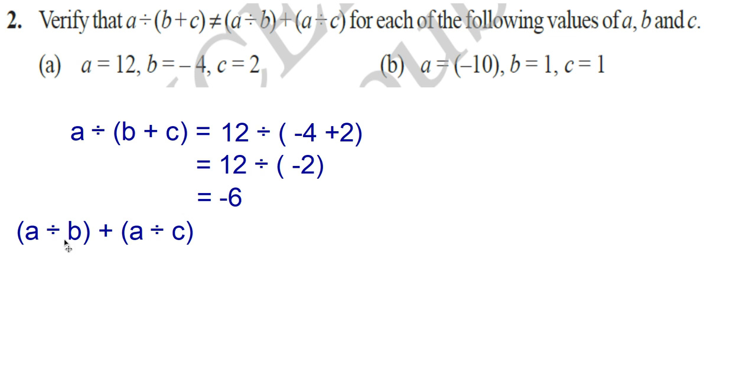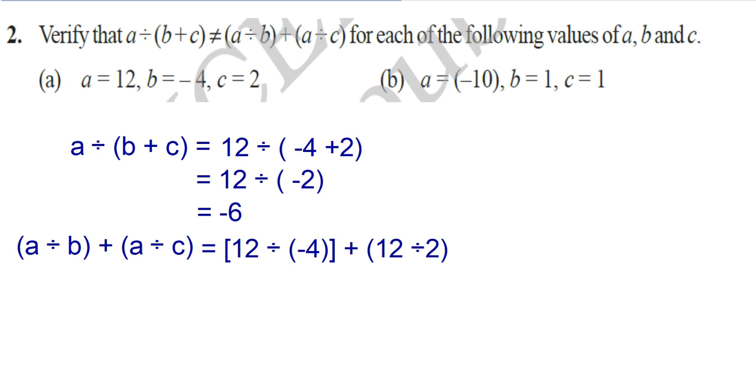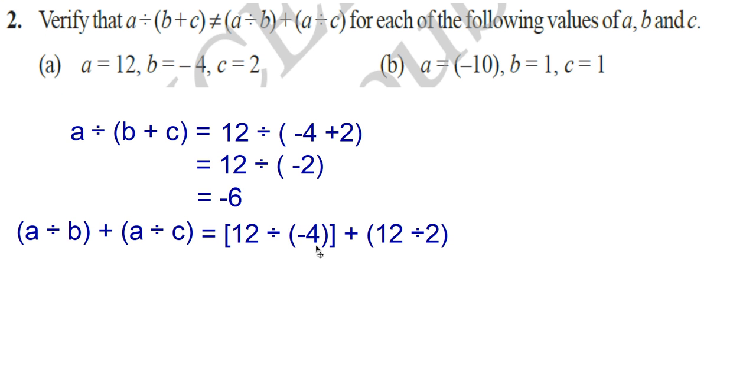negative 6. Now, what is a divided by b plus a divided by c? Substitute the values of a, b and c here too. This you can write as 12 divided by negative 4 plus 12 divided by 2.